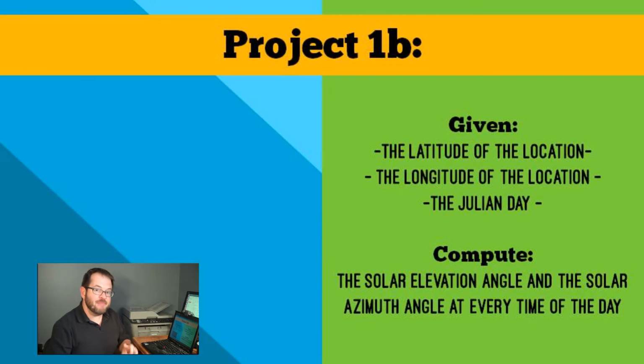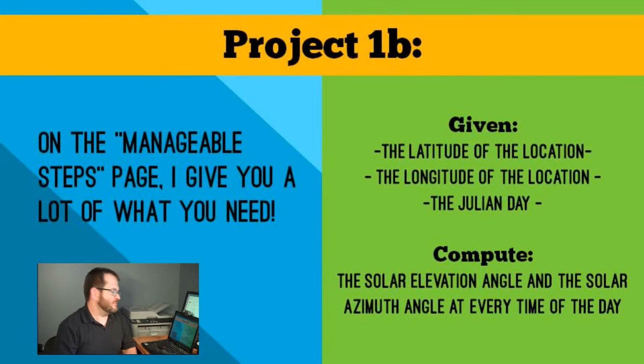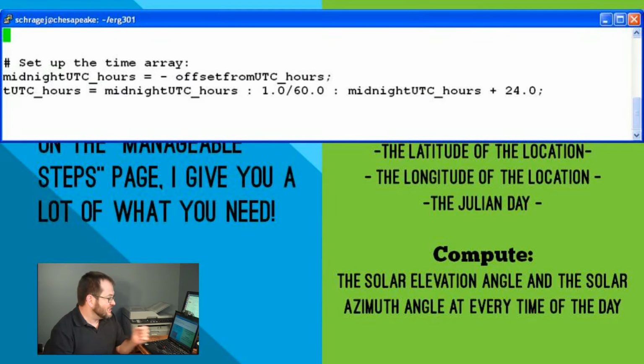On the manageable steps page that I give you on Blue Line, I actually give you a lot of the code that you need. For example, I give you this piece of code for setting up the time array. The UTC time in hours is going to be an array with 1,441 elements, going from local midnight at some location, but in UTC, to midnight on the following day.